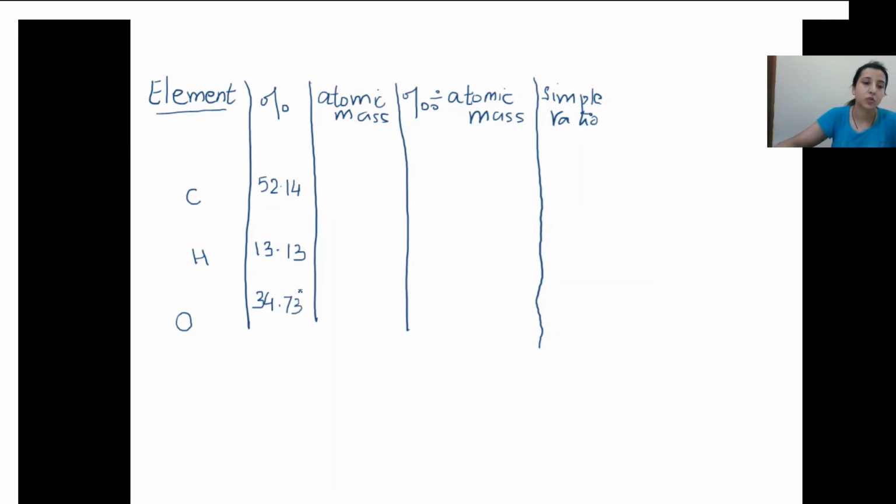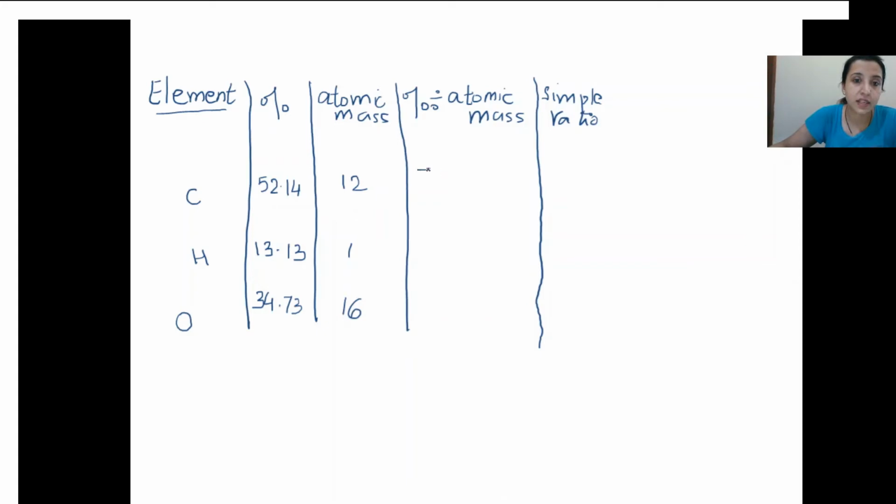Now you need not look at the question. The atomic mass of carbon is 12, hydrogen is 1, and oxygen is 16. In some questions, the atomic mass is already mentioned. Otherwise, you should remember the atomic masses of elements with atomic numbers 1 to 20.